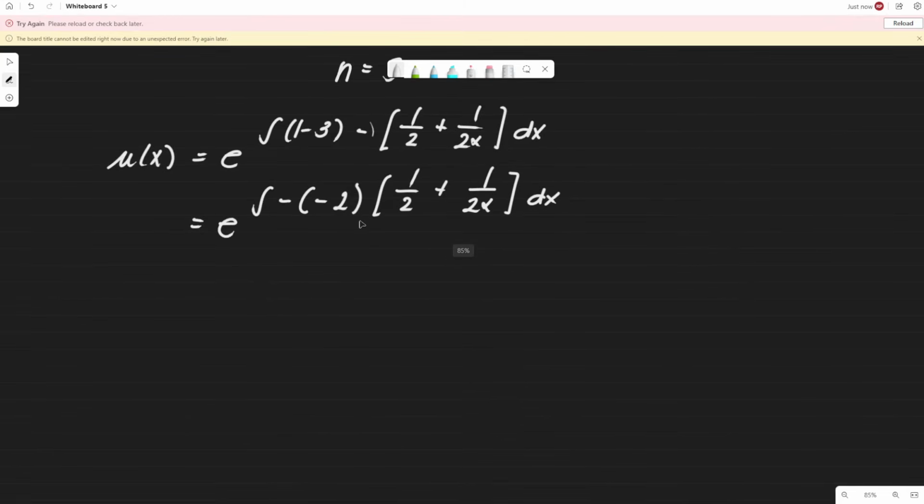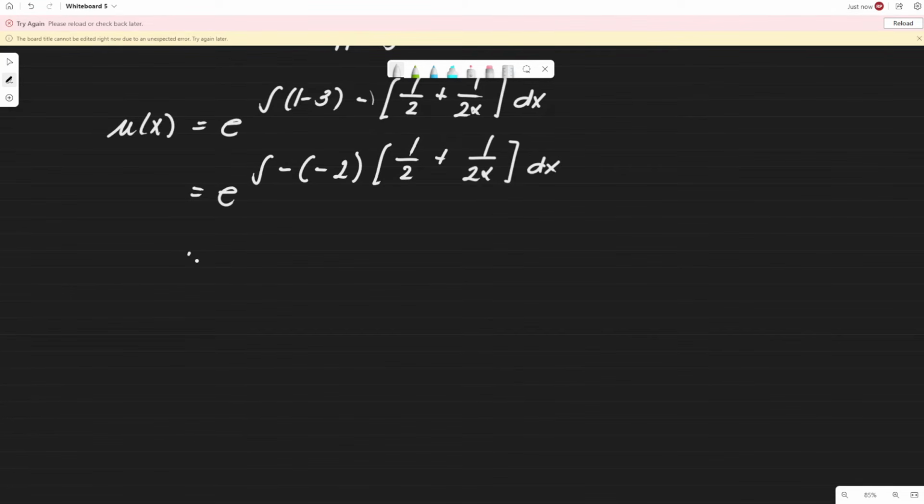So we'll have e raised to 2 multiplied to the integral of 1 half plus 1 half, 1 over 2x dx. Then we can now integrate.